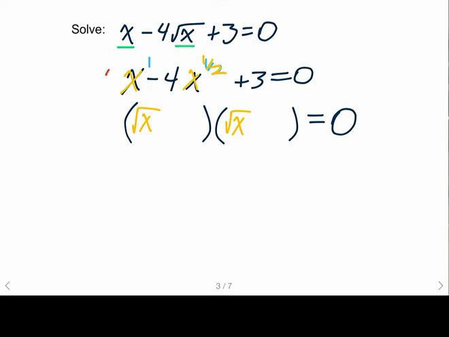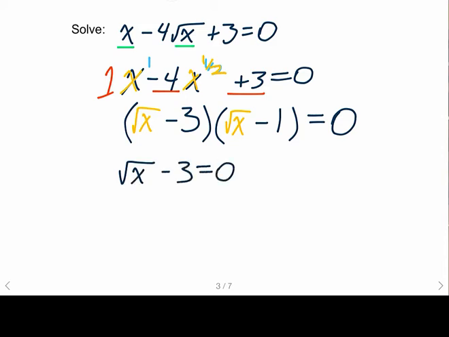The first coefficient is 1, so I'm not really going to worry about that. The second one is −4. The third one is −3. And so this boils down to simply factoring (√x − 3)(√x − 1). Setting each of these factors equal to 0 gives us √x − 3 = 0, or √x − 1 = 0.